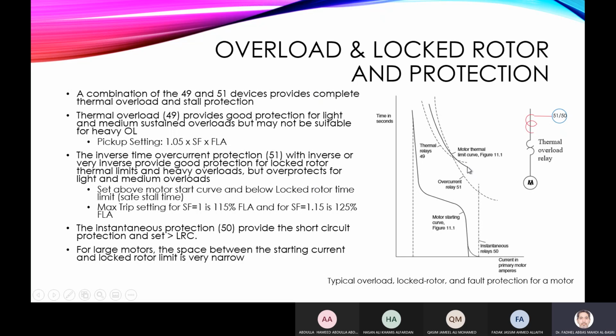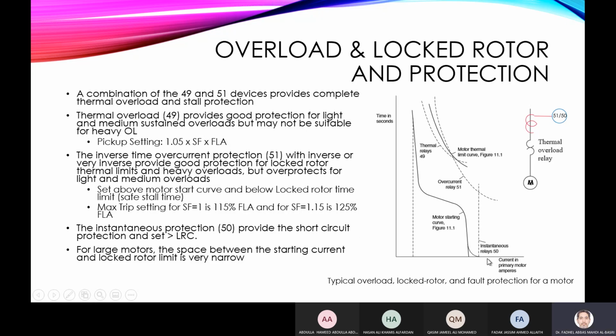This point, and this curve has to be below it. They call it safe stall time or locked rotor time limit at locked rotor current. So this has to be below it. And the pickup setting is 115% of full load for a safety factor of 1, or 125% for a safety factor of 1.15.